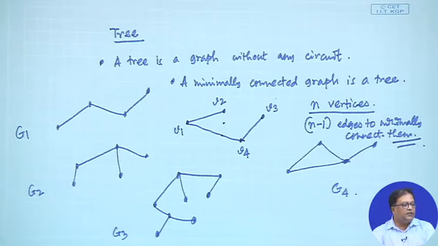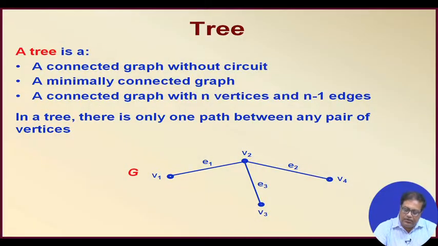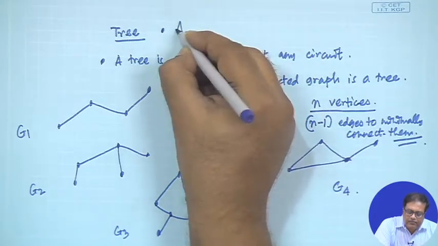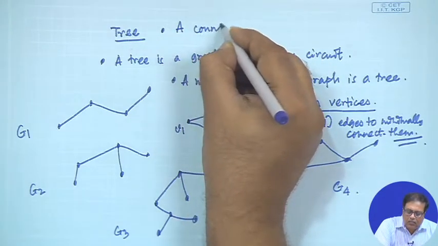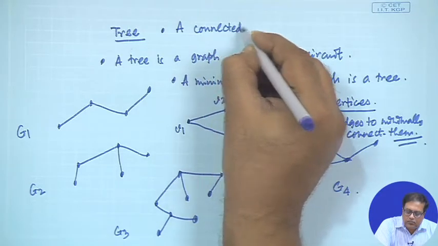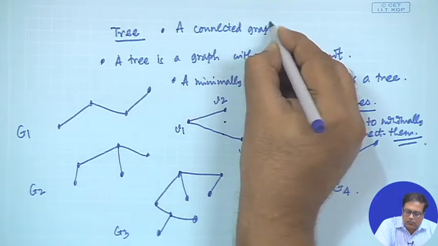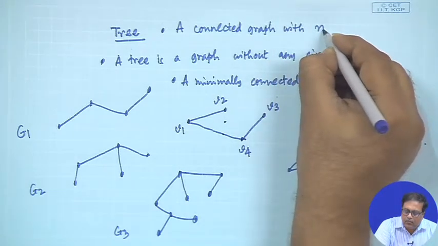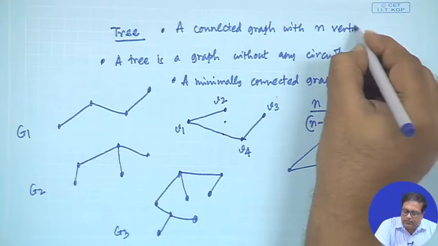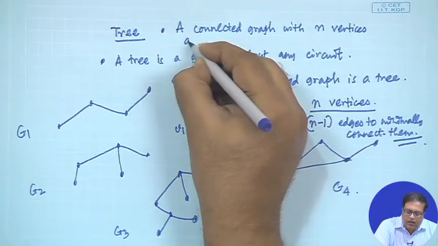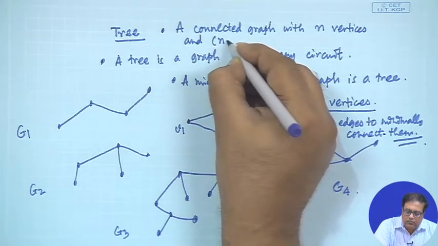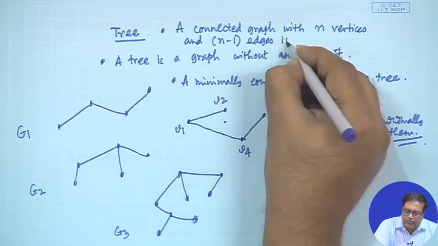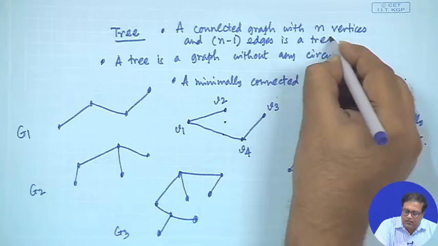In fact, you can also put this in another way. A connected graph with n vertices and n minus 1 edges is a tree.